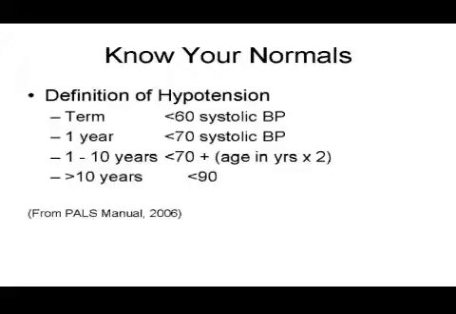The definition of hypotension is important. Term, we say less than 60 systolic. At 1 year, less than about 70 systolic. And in the childhood ages of 1 to 10, from the PALS manual, 70 plus the age times 2. Do I make this calculation every time I have a patient?